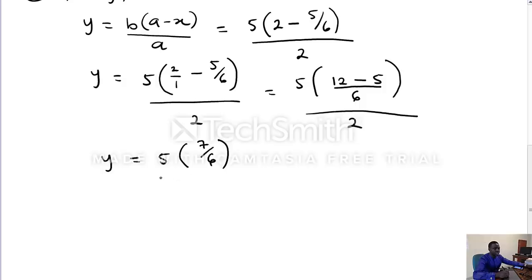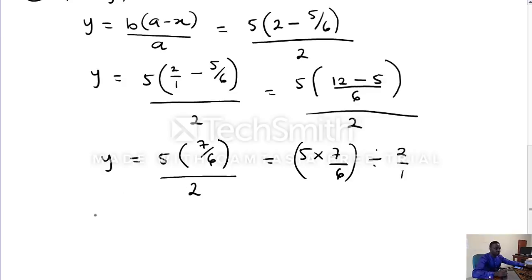When you simplify it further, you have y to be equal to 5 into bracket 12 minus 5 is 7/6 divided by 2, which will leave us with 5 times 7/6 as the numerator, divided by 2/1, which when you simplify further, you have y to be equal to 5 times 7 divided by 6 times 1/2.